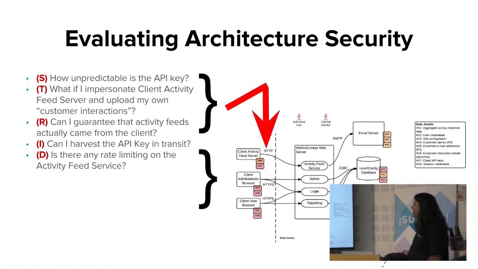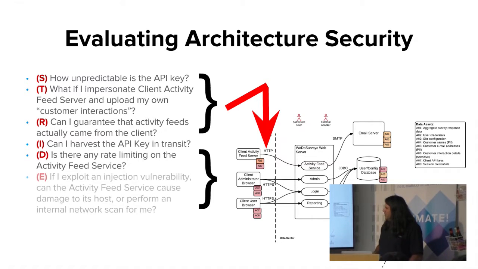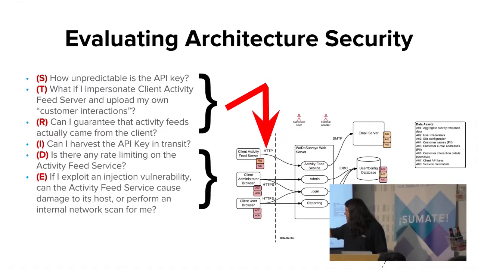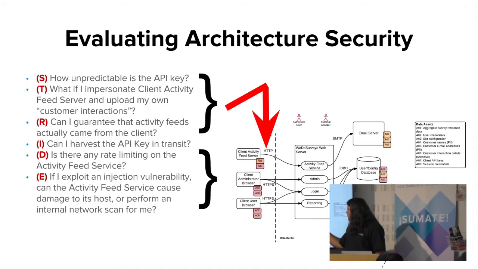So, if I can listen on that network, I can probably harvest that. Denial of service. Is there any rate limiting for the activity feed service? What if somebody enlists a botnet and just starts hammering this REST endpoint? If I exploit an injection vulnerability, can the activity feed service cause damage to its host? So this component, well, you're a completely unprivileged user out here, or your privilege is limited to uploading a table full of data, you certainly should not have the permission to, say, delete files in the file system.